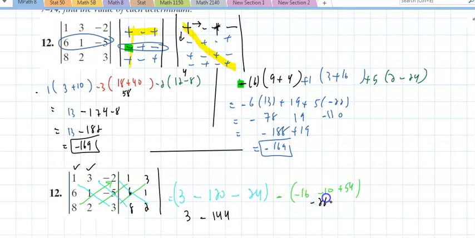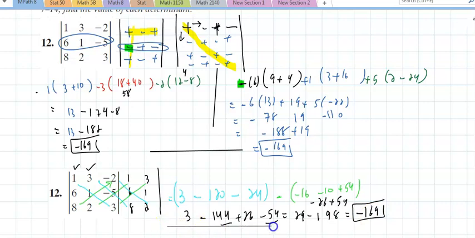This is negative 26 plus 54, so distribute the negative, plus 26 minus 54, that is 29 minus 198, and can you guess what that equals? That shortcut only works on a 3 by 3.